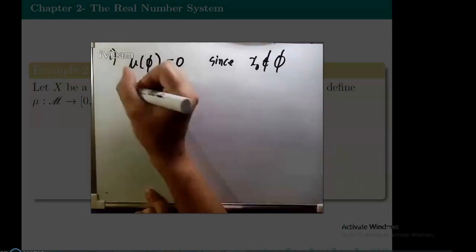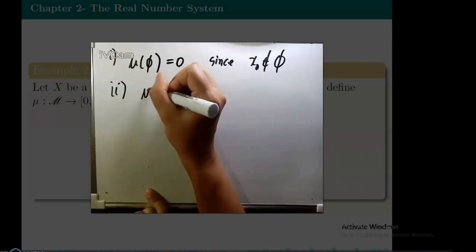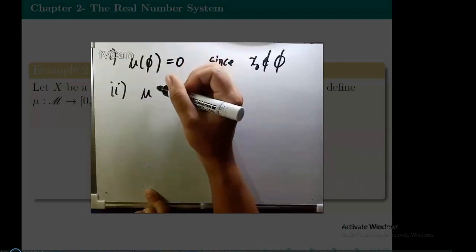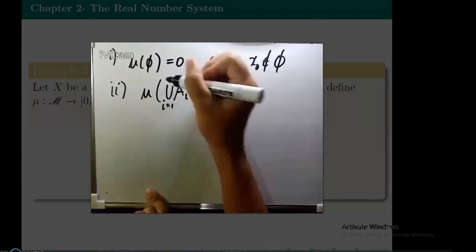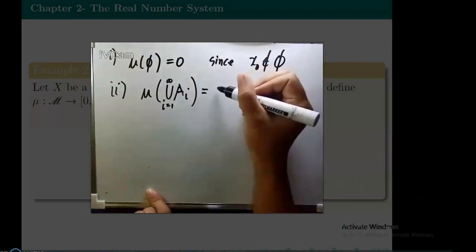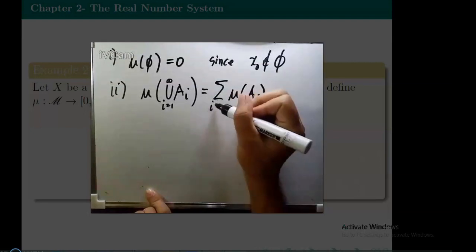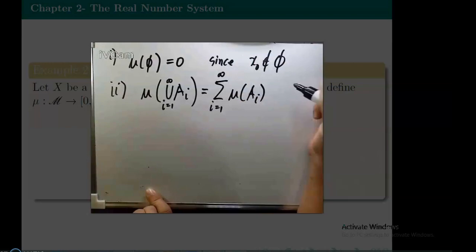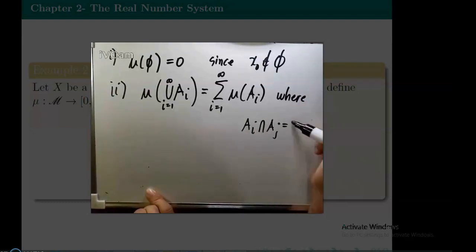Now, let us try to show the second condition. That is, we will show the countably additive. That is, mu of the union of A sub i, where i is from 1 to infinity, is equal to the summation of mu of A sub i, where i is from 1 to infinity, where A sub i intersection A sub j is empty for i not equal to j.